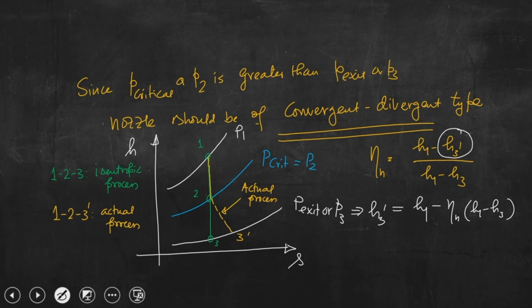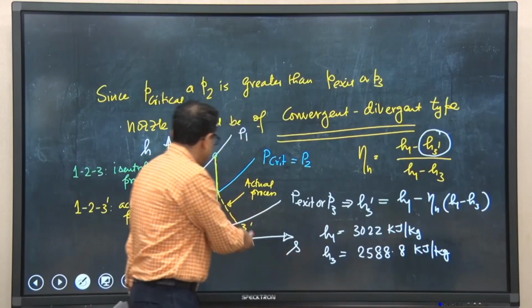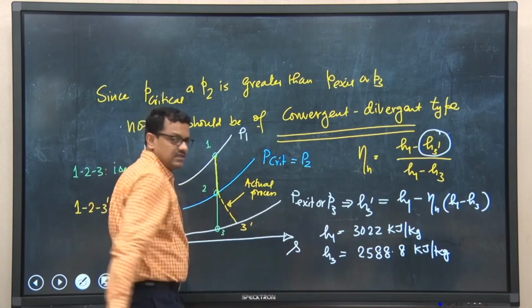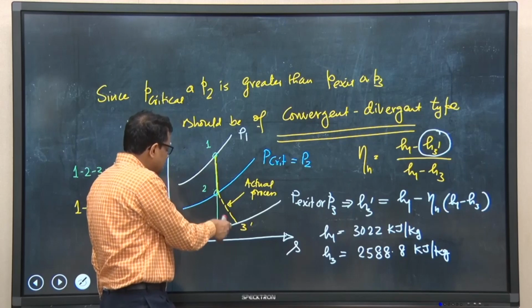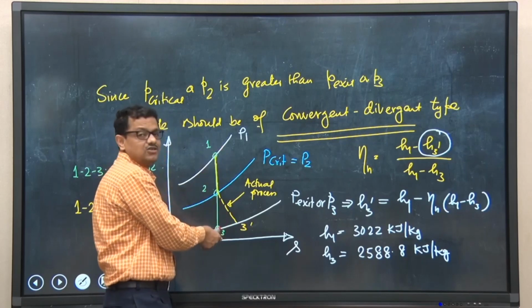So, let me tell you this H 1 equal 3022 kilojoule per kg and H3 that is 2588.8 kilojoule per kg. I am not going to tell you, but I have already mentioned how we can calculate H1 and H3. Pressure is given 20 bar, temperature is given 300 degree Celsius inlet condition. From steam table we can get H1, pressure at exit is given, that is 2 bar, but the S3 is equal to S1 because process 1 and 3 is isentropic process.